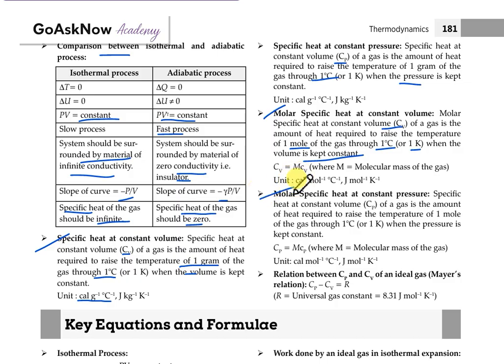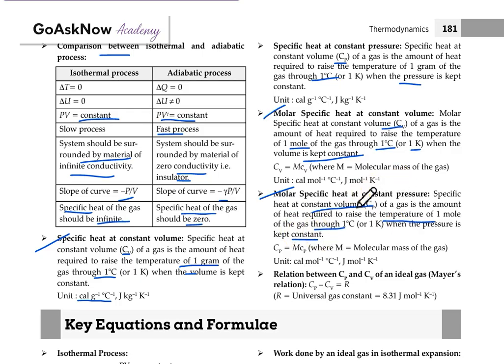Now, second is the molar specific heat at constant pressure. It will be represented as Cp of a gas, the amount of heat required to raise the temperature of 1 mole of gas through 1 degree Celsius, or we say 1 Kelvin, when the pressure is kept constant.